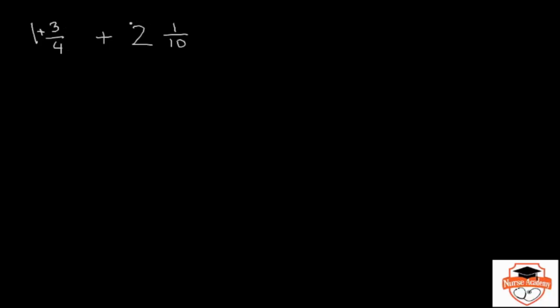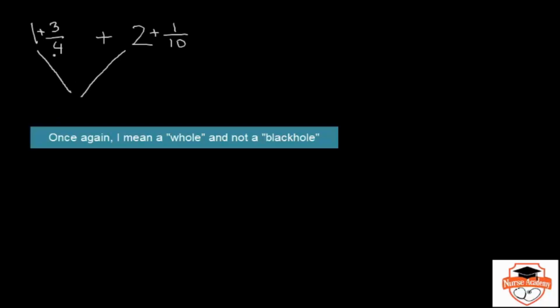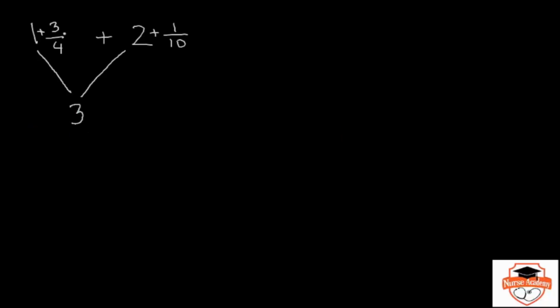Similarly, 2 and 1/10 means 2 wholes plus 1/10 from another one. Therefore, in order to add them, we could add the wholes together. So 1 whole plus 2 wholes will give you 3 wholes, and add the fractions together. So that's going to be 3 wholes plus 3/4 plus 1/10.